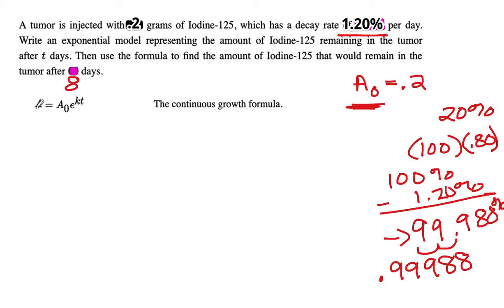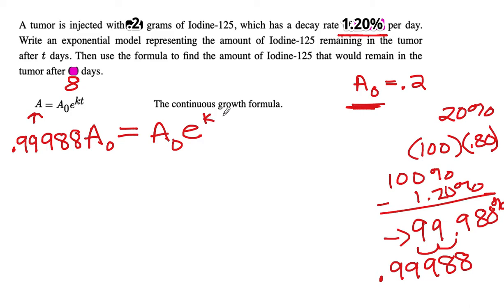So what I'm going to do here, because I don't have A, but I can get it by multiplying 0.988 times A naught. And I could put in 0.2, but I'll show you here. And then I would put in the 0.2 in both places, equals A naught, and then e to the power of k.